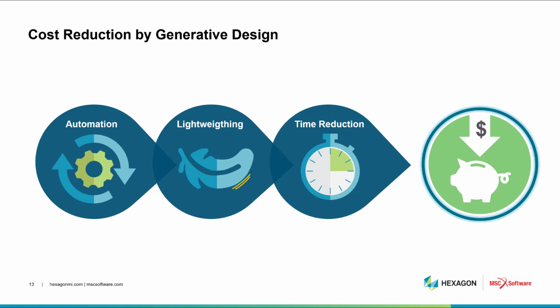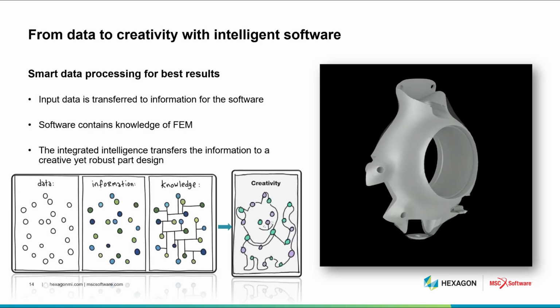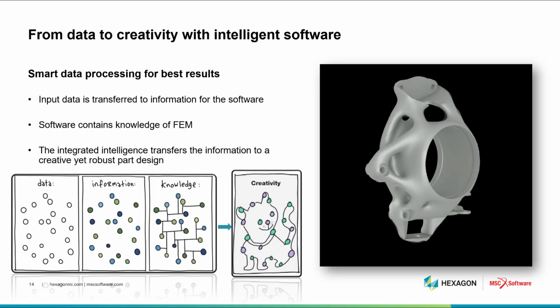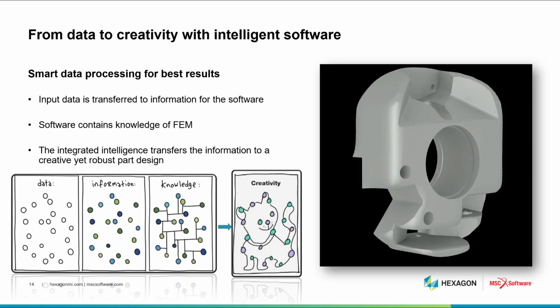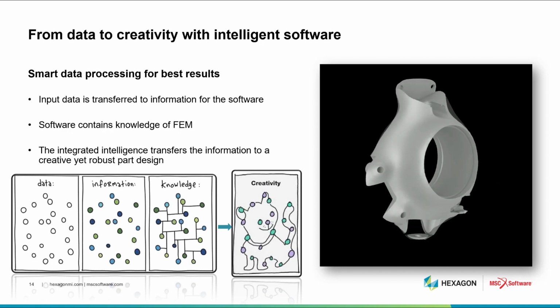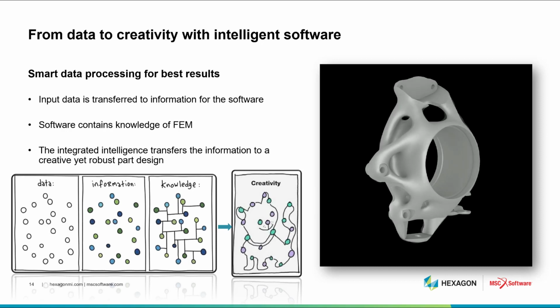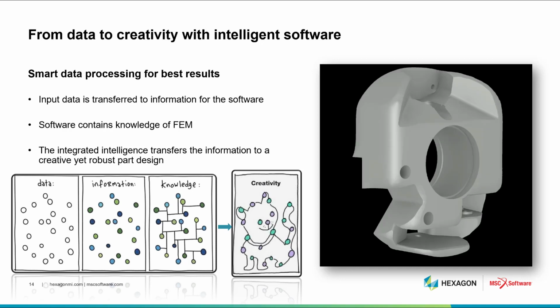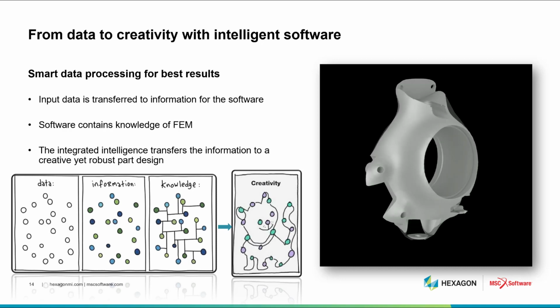So we say that we can get from data to creativity with intelligent software. So all of this, we say it's intelligent. Well, it's just algorithms behind, but if we have a look at this wheel carrier, you can see the attachment points as our data.